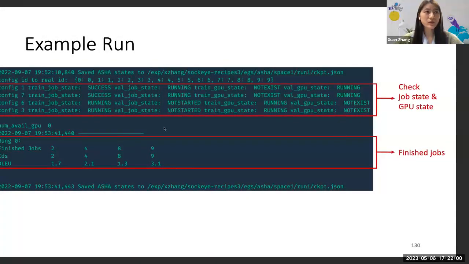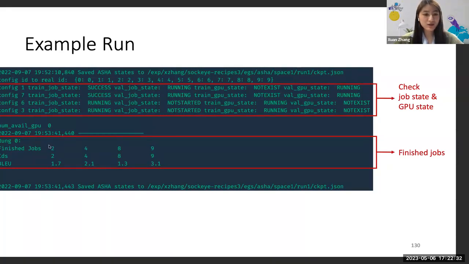As I mentioned before, we set up a background timer, and at a pre-specified interval, the program checks the status of submitted jobs. In this example, configurations 1 and 7 have completed training and are now undergoing evaluation on the validation set, while configurations 6 and 3 are still in the training process.